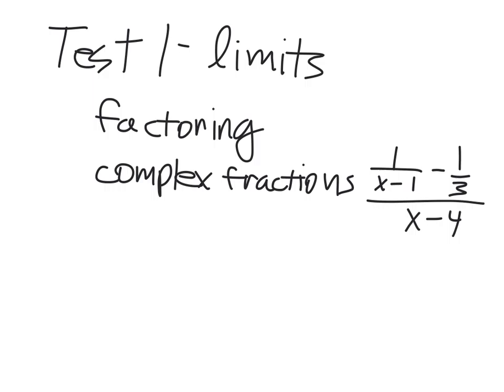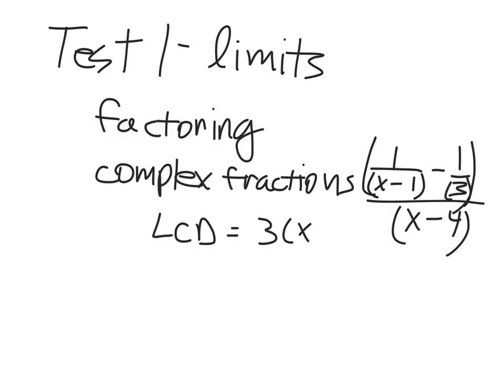Now, what do you do to simplify this? A couple different things we could do, but the quickest way is multiply the top and the bottom by the least common denominator. And the least common denominator of our fractions is going to be 3 and x minus 1.